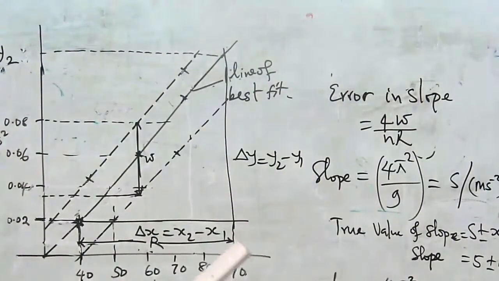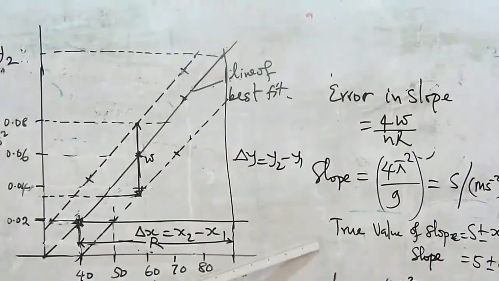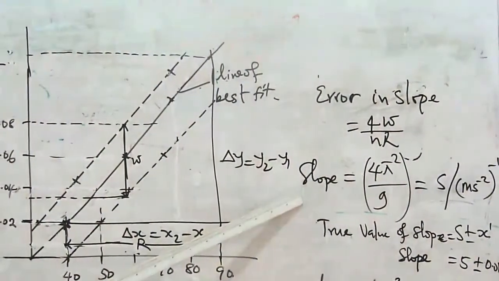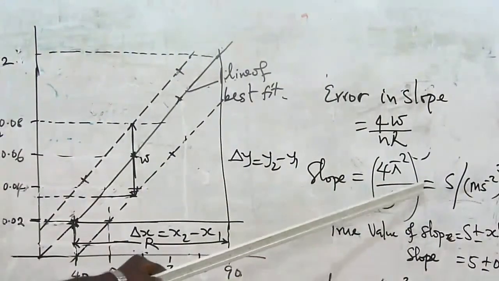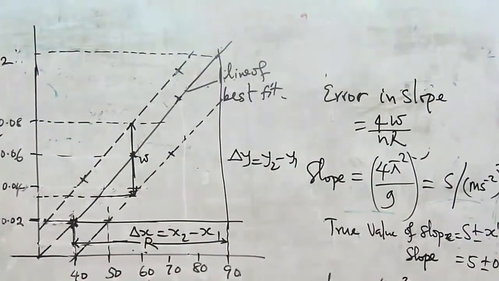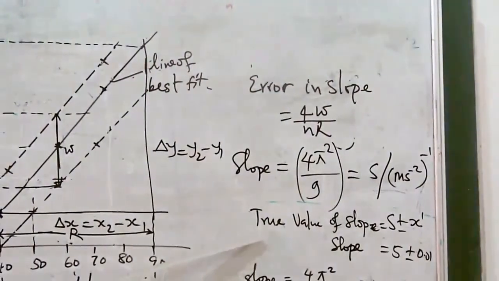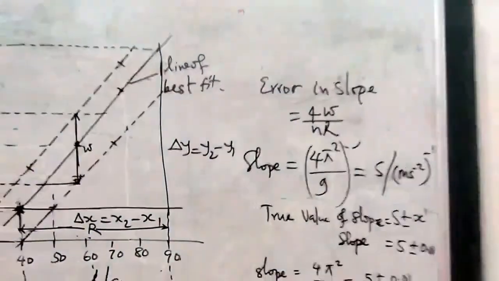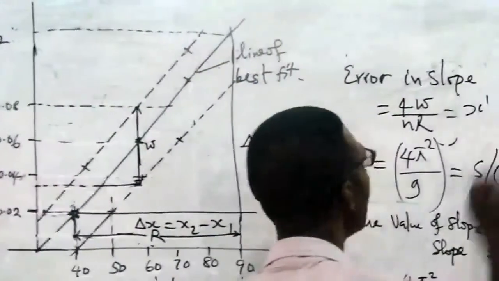When you find your error in slope, that error in slope must be added to the slope, so that the true value of my slope, assuming my slope from the line of best fit is given as x in the units, will be what? Let's say the error in slope is x prime.